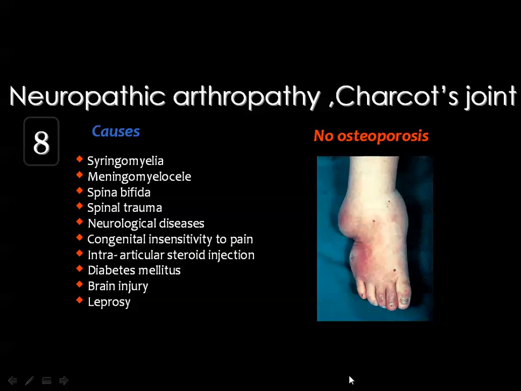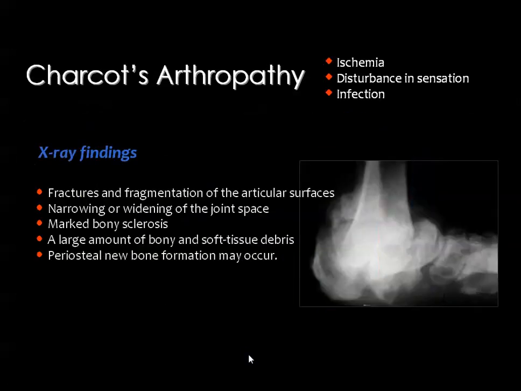Then we came to the neuropathic arthropathy, this is known as the Charcot joint, and there are many causes for this neuropathic arthropathy, including syringomyelia, meningomyelocele, spina bifida, spinal trauma, neurologic diseases, and congenital insensitivity to pain, intra-articular steroid injection, diabetes, brain injury, and leprosy.